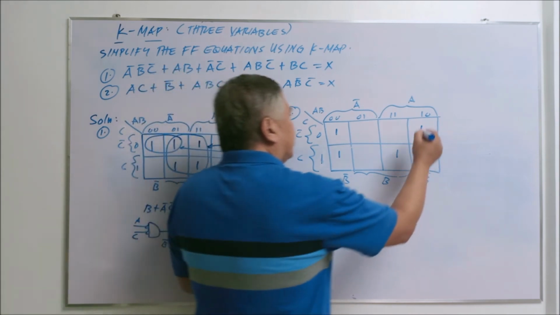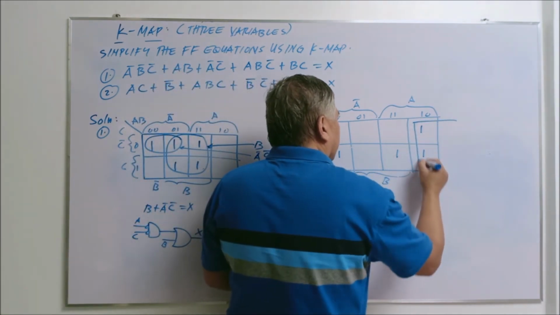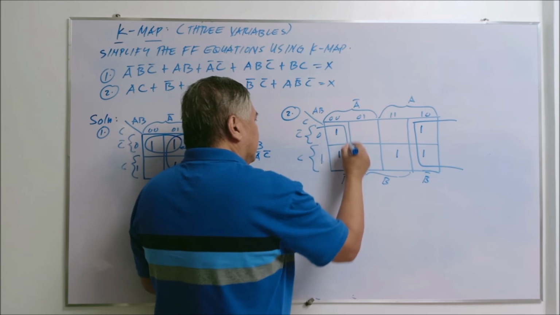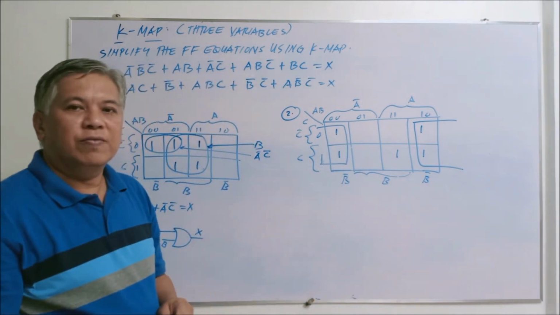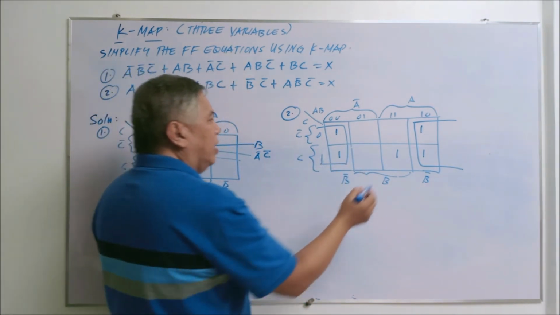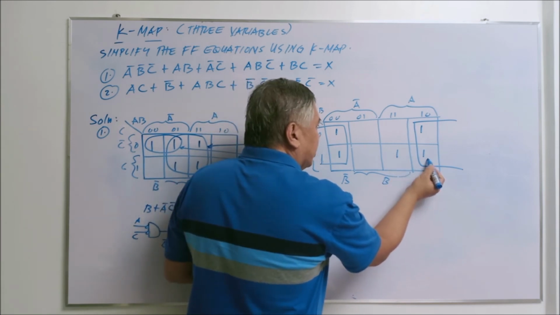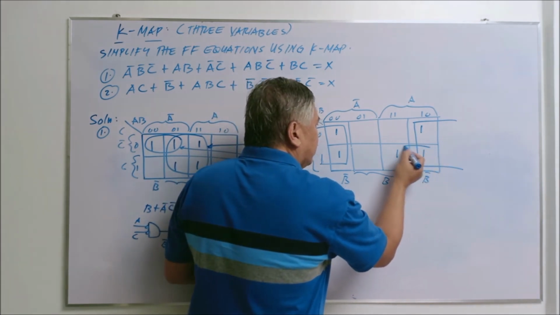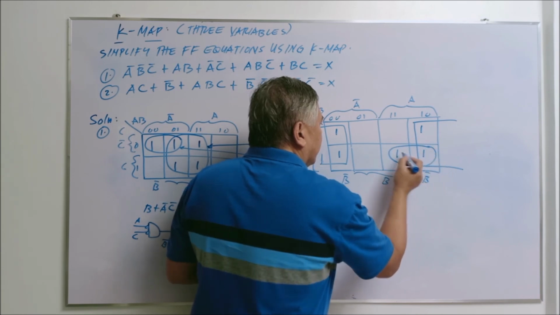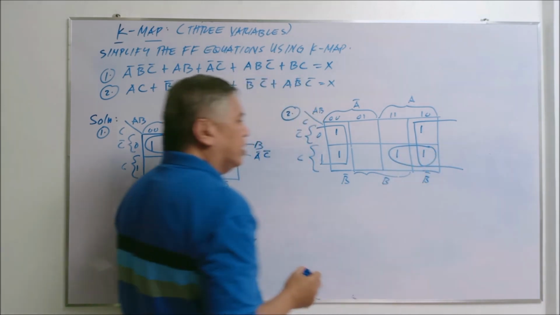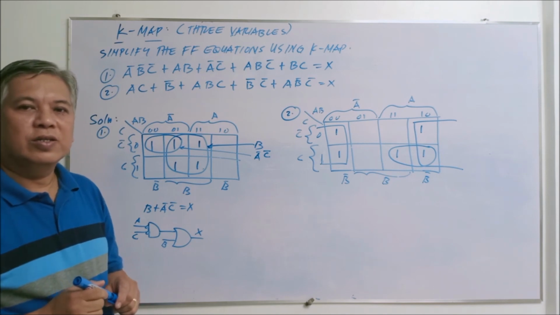So that will be our grouping. That's for the first group. And this cell here is not yet grouped, which is adjacent to this particular cell. So we use this cell here to group into this particular cell to maximize the grouping.